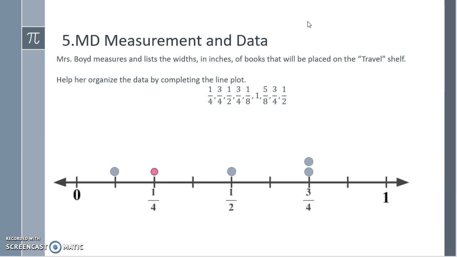So I can place one at 1/8, I can place one at 1/2, I can count 5 copies of 1/8 to get to 5/8, another 3/4, and a 1/2.